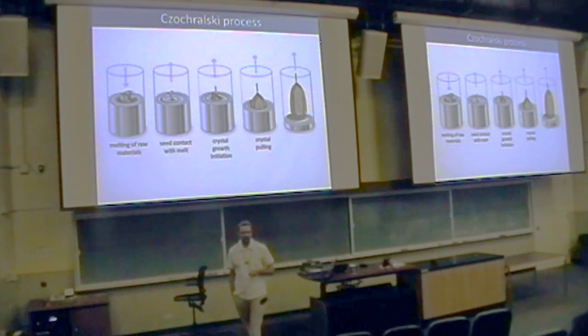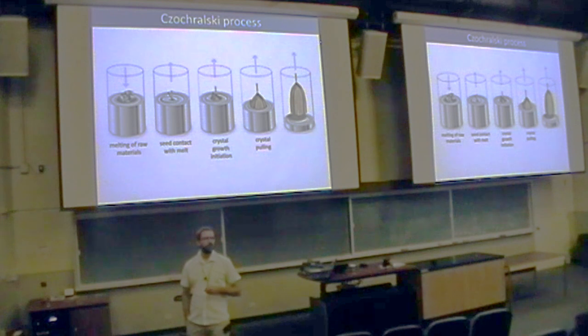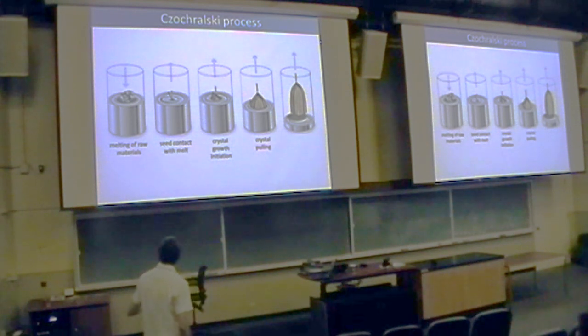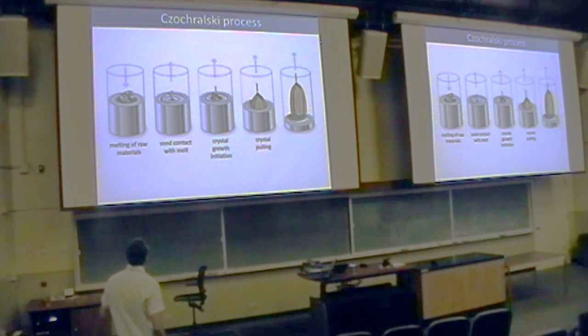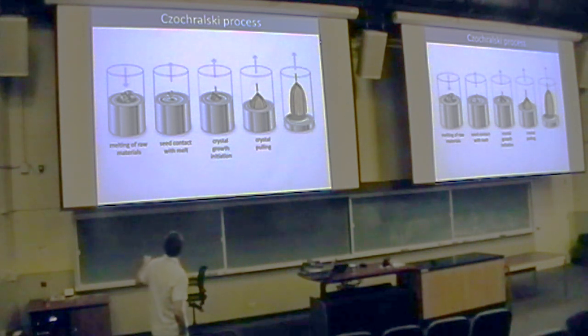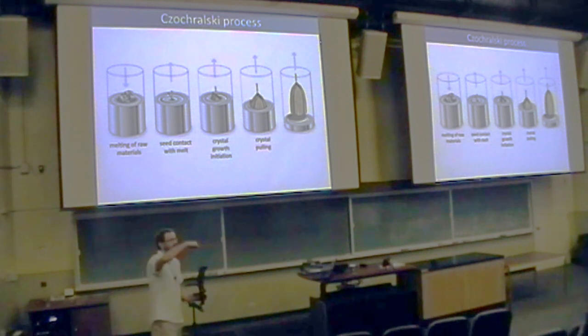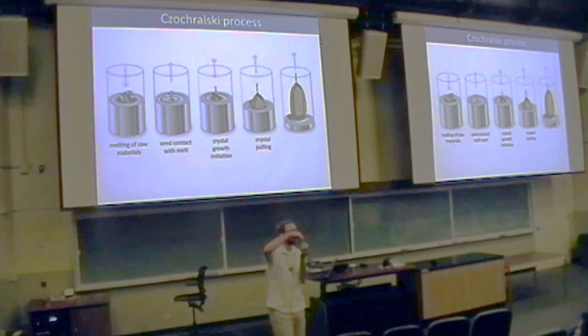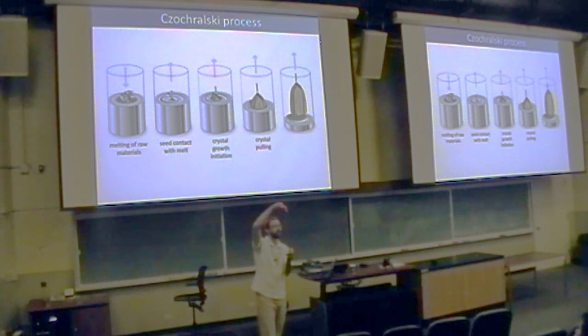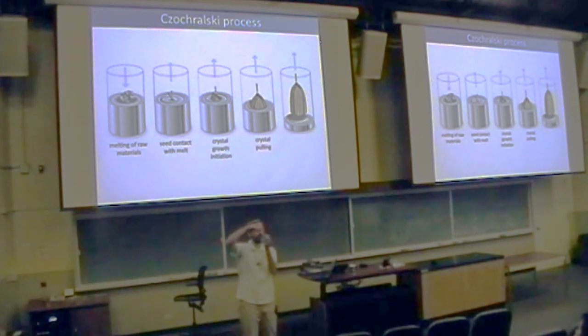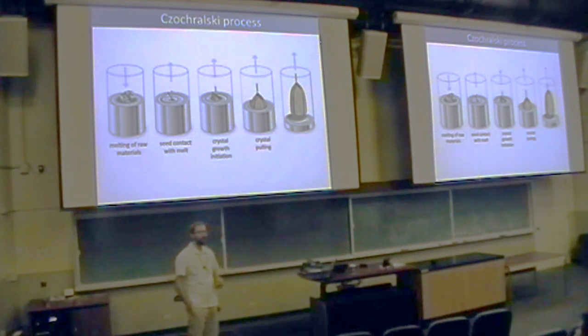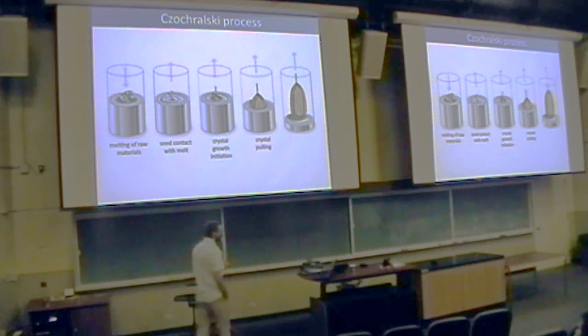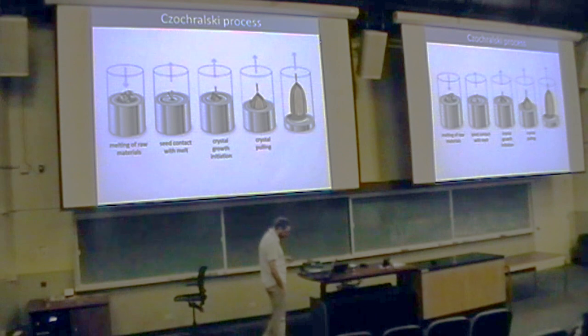So the Czochralski technique, it's even simpler to understand. You're going to melt the materials, and then you're going to put in this liquid of molten metals a tip or something. This tip is usually colder, and so the crystallization will start on this tip, and then you're going to pull the tip vertically like this, and you're going to grow a crystal directly on your tip.